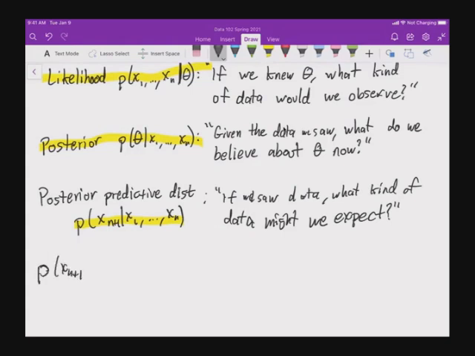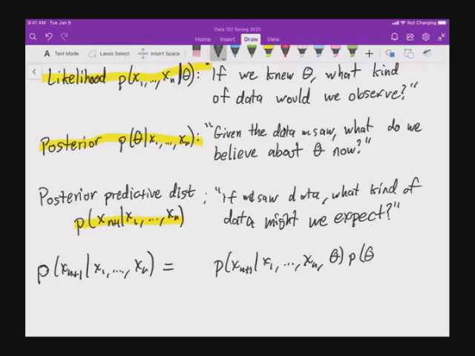So p of x_{n+1} given x_1 through x_n is equal to the same thing, but also conditioned on theta, times the distribution over theta. Except it's not just the plain old distribution over theta.